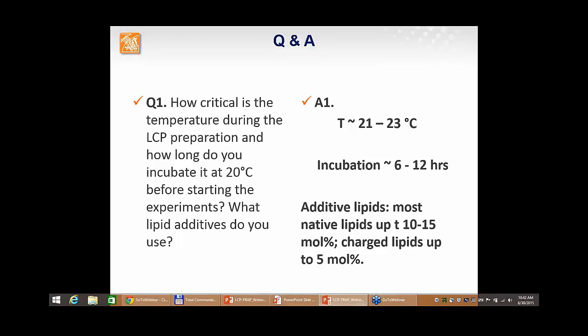For example, in case of G-protein-coupled receptors, we always add about 10% of cholesterol into the lipidic phase. They always help to stabilize and crystallize G-protein-coupled receptors.